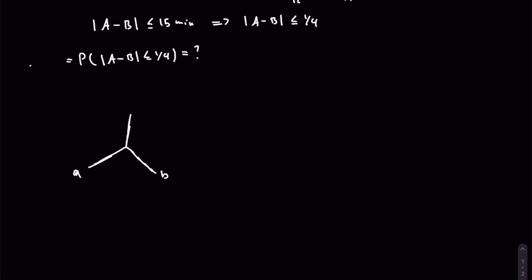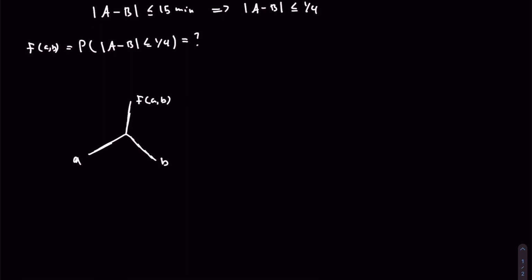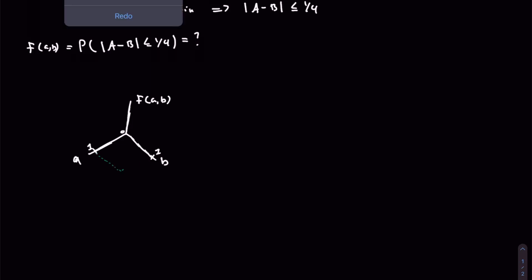So let me write this as the event of A, B, like so. And this is what the third axis is representing. And we have the origin, which is 0, and this is 1 here. This is 1 there. And now we have a domain that looks something like this.